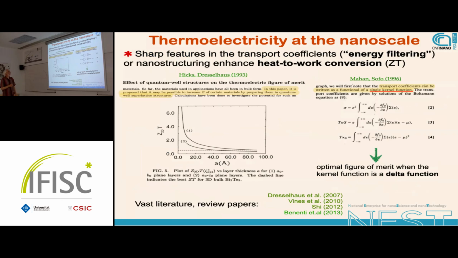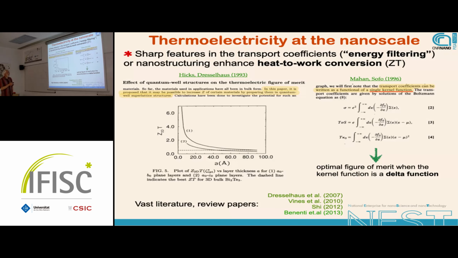Already in the 90s, people started to think about how to enhance this figure of merit using a nanoscale system. And already in these two papers here, they find that when you have some kind of energy filtering in your transport coefficient, you can enhance the performance of the system a lot.